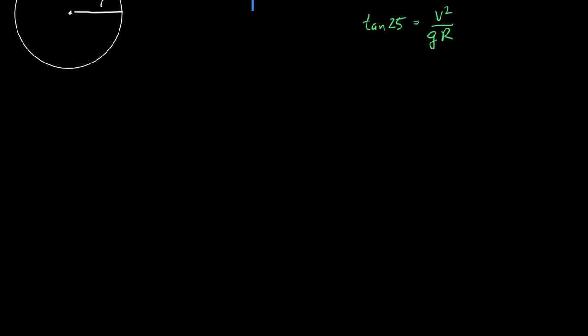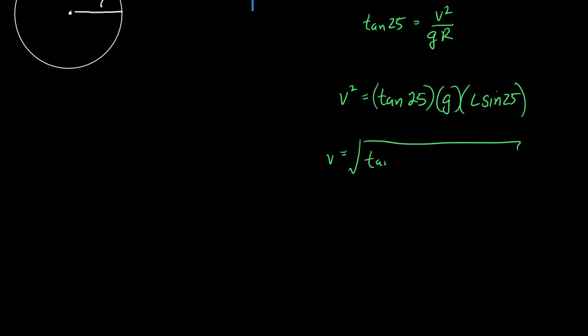And I get v squared equals tangent 25 times g times L sine 25. Now this is the algebra, but you have values to put here.